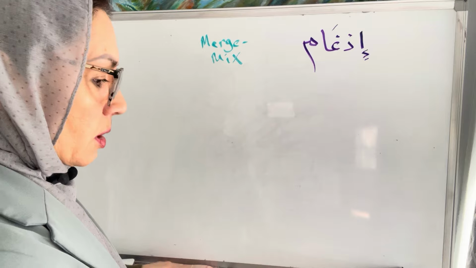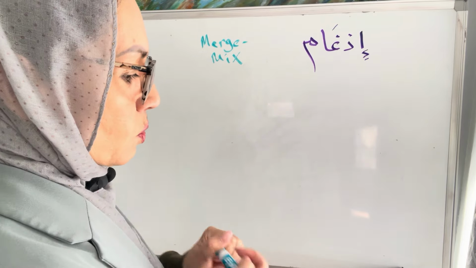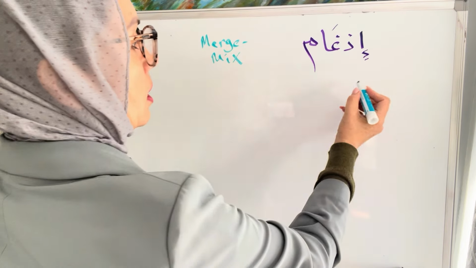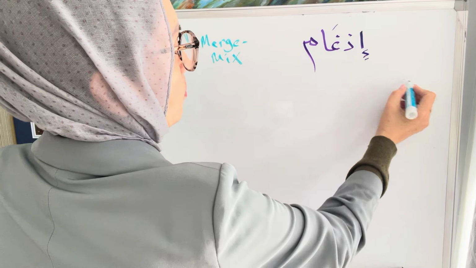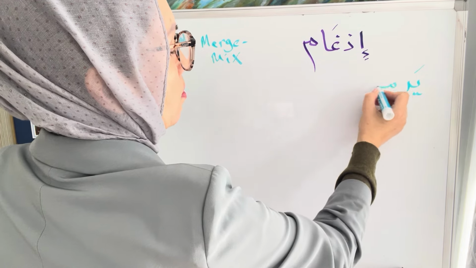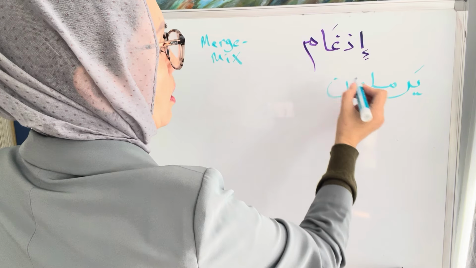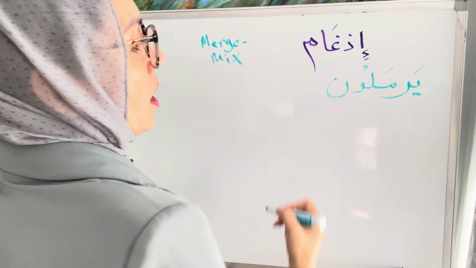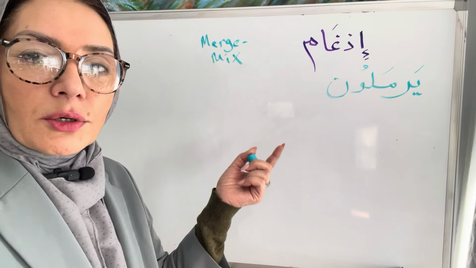The letters associated with this rule are called, I'll just write it, yarmalun. It's easy this way when you read it, yarmalun.